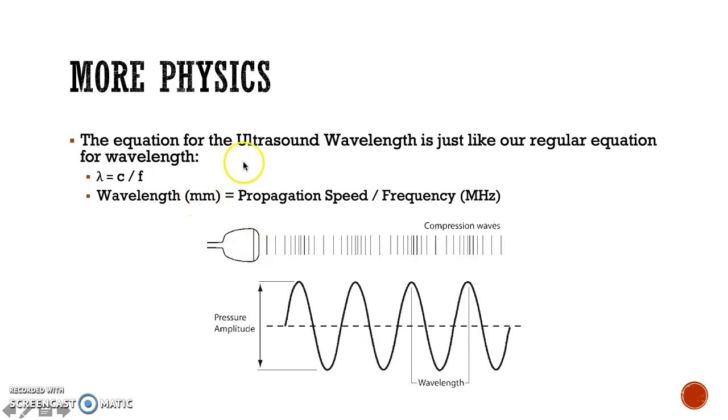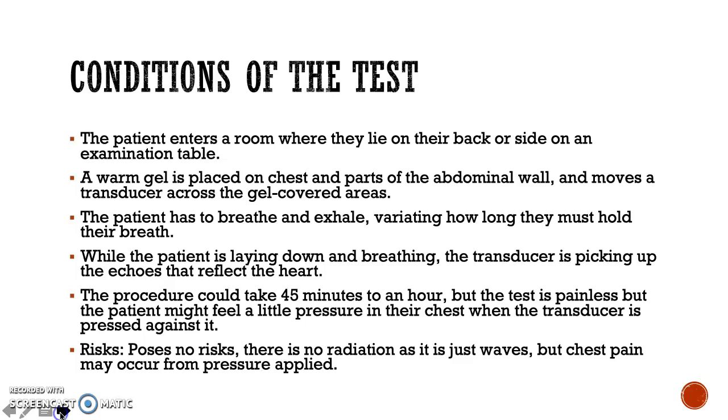And so right here we have the equation for ultrasound wavelength, which is just like a regular equation for wavelength. It's lambda equals c, or the speed of light, over the frequency. It's also shown here, wavelength is propagation speed divided by frequency for the ultrasound wavelength.